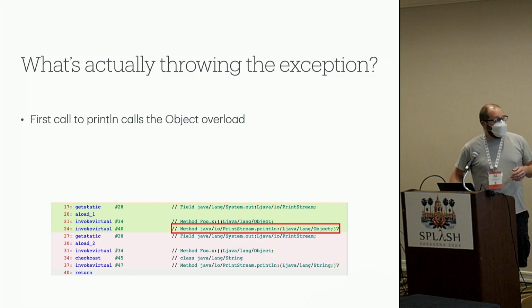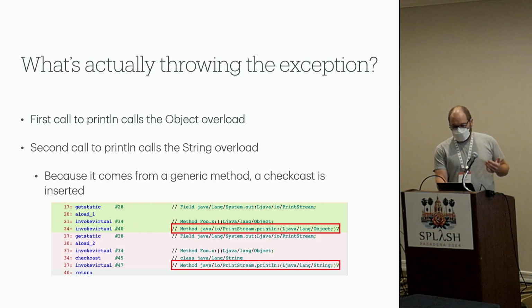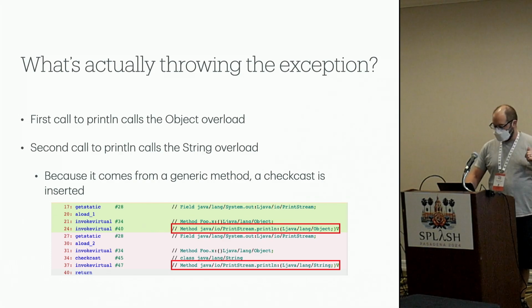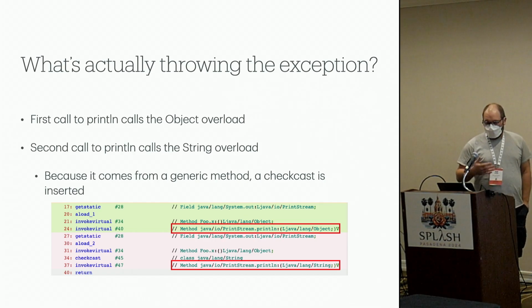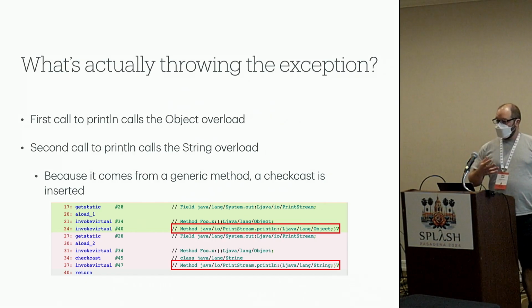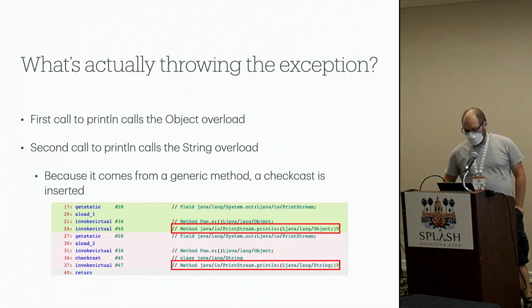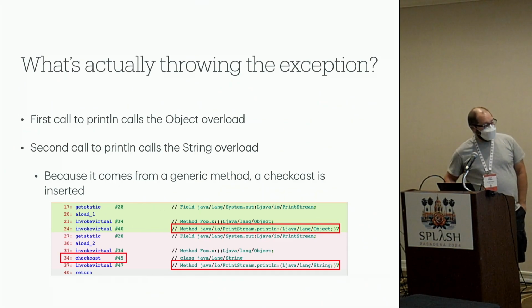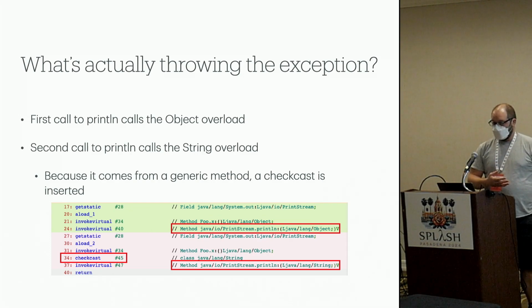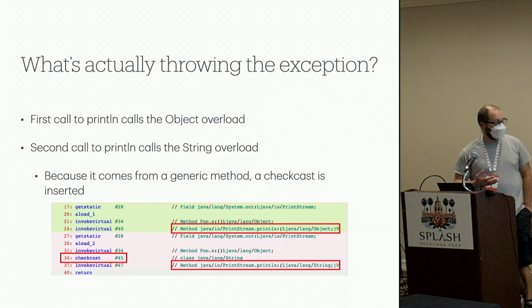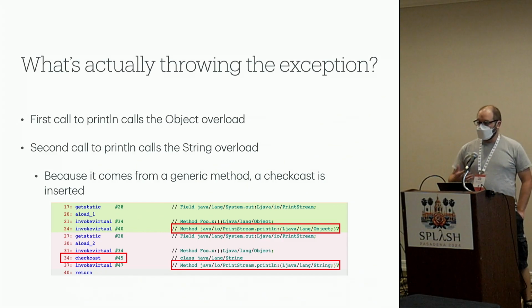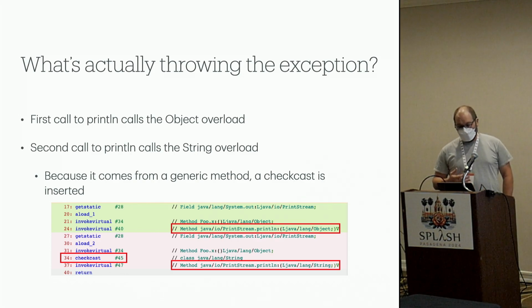Now, the second time, we call a different overload. We call a string-specific overload. In that case, because this is the output of a generic parameter, the compiler inserts an additional checkcast instruction there. The reason for this is that Java also has this feature, which when I talk to students now seems a little bit lost to the sands of time, which is raw types.